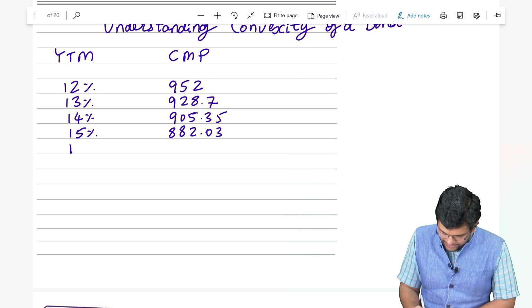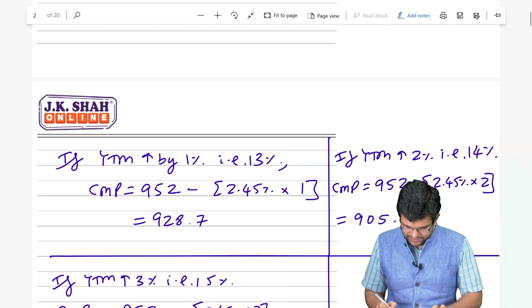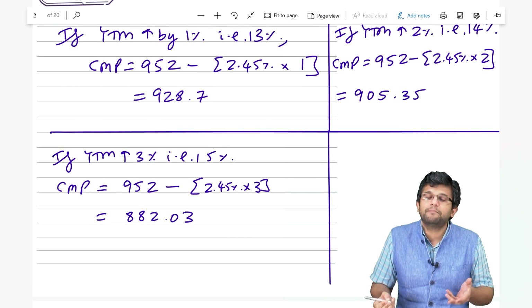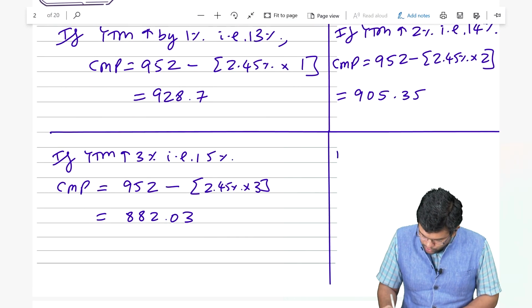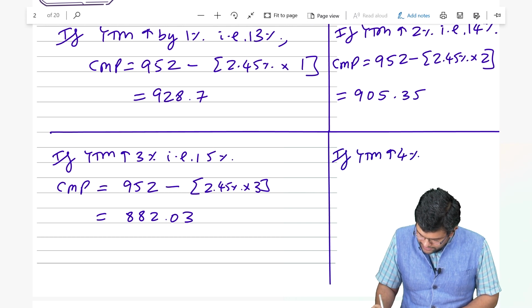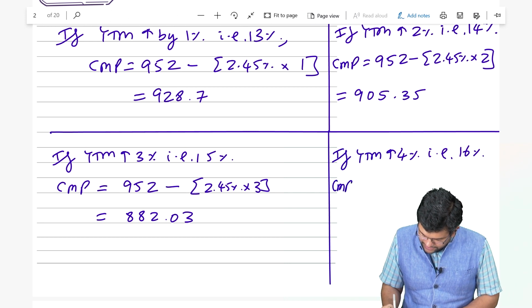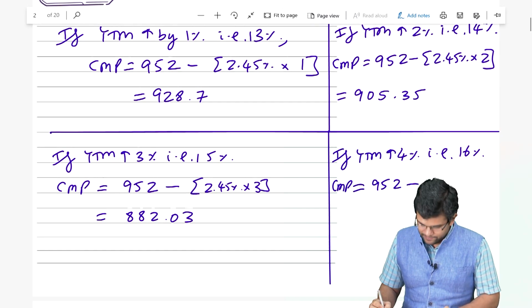Children, last one more I'll take, 16%. If YTM is 16%, that is, it jumps up by 4% from 12%, can I say the current market price should drop by 2.45% 4 times from 952?